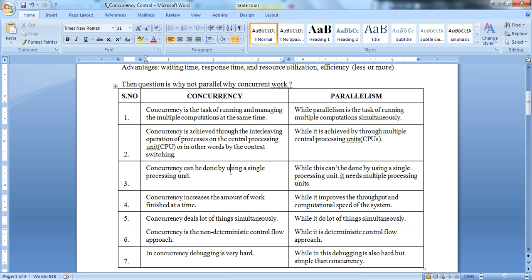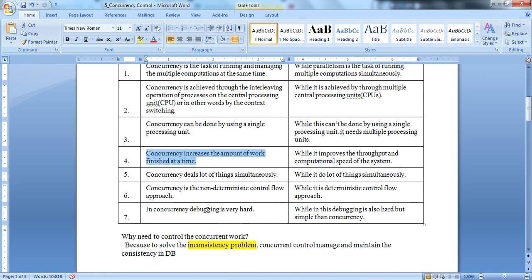Concurrency can be done using a single processing unit, while parallelism needs multiple processing units. Concurrency increases the amount of work finished at a time, and improves the throughput and computation speed of the system. Definitely parallelism is more advantageous than concurrency, but if we have fewer resources, then concurrency is efficient.